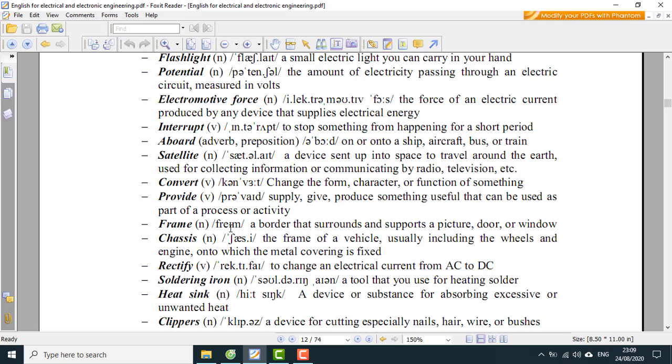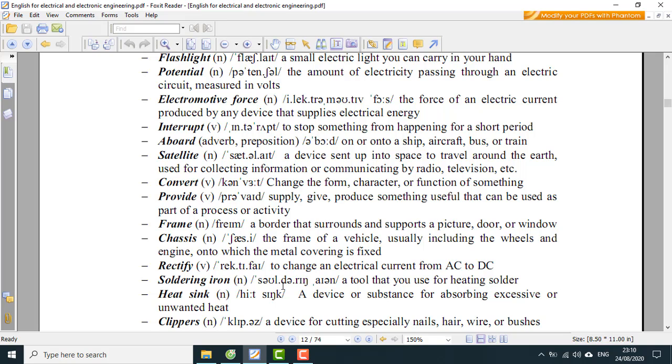Frame means a border that surrounds and supports a picture, door, or window. Chassis means the frame of a vehicle, usually including the wheels and the engine, onto which the metal covering is fixed.